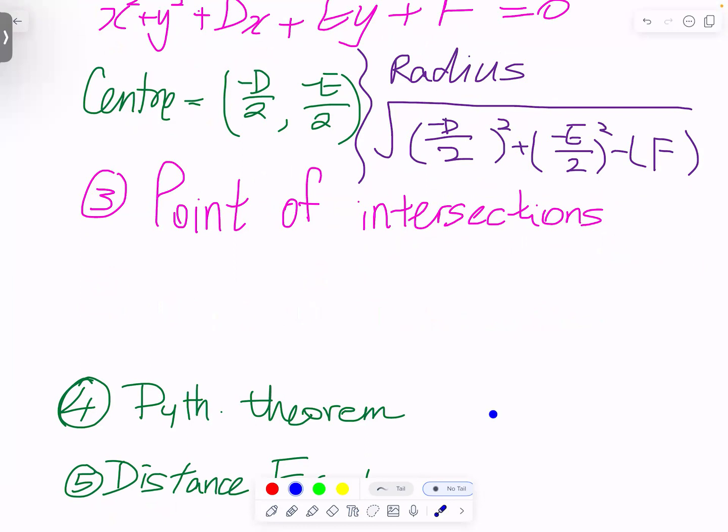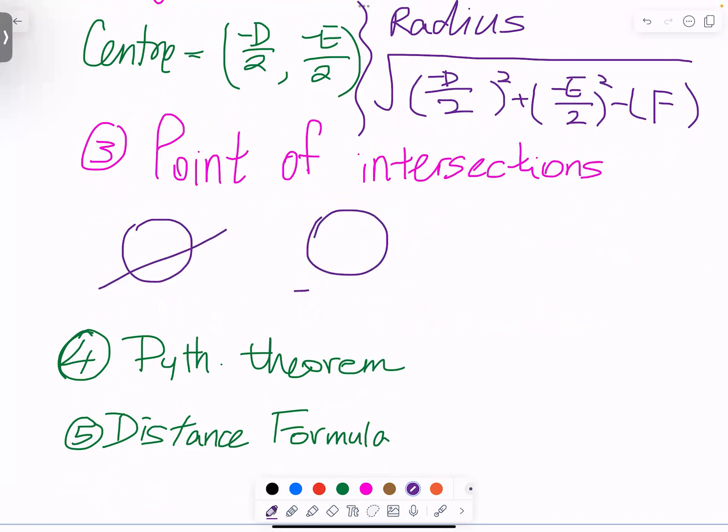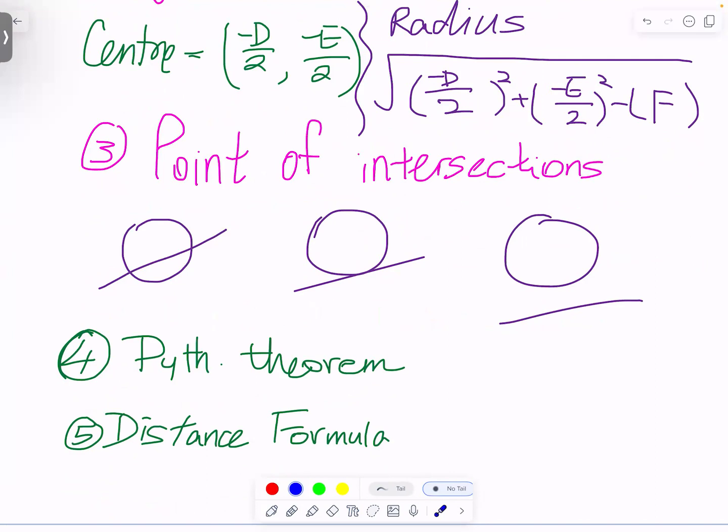Now, how do I connect them together? Can you tell me what are the differences between these few circles and the straight line? I have 3 types here. What's so special about them? No idea?